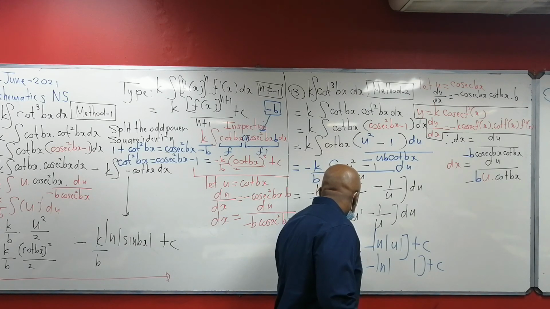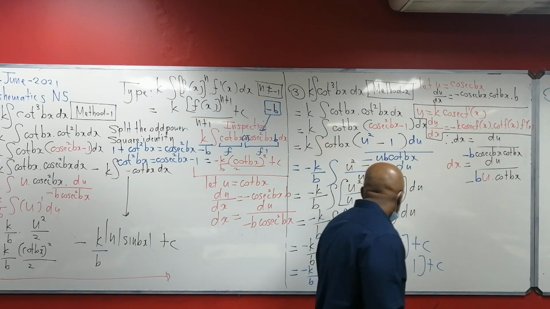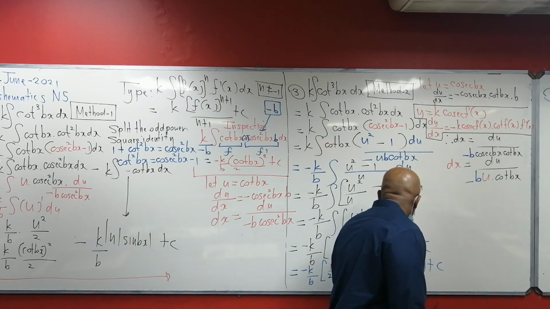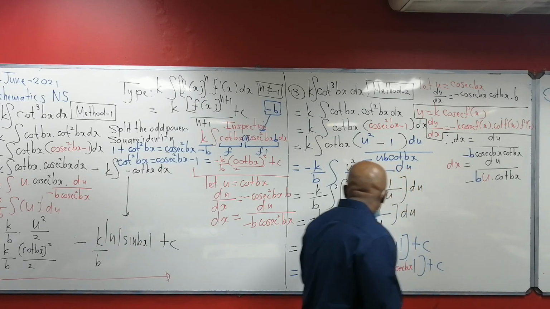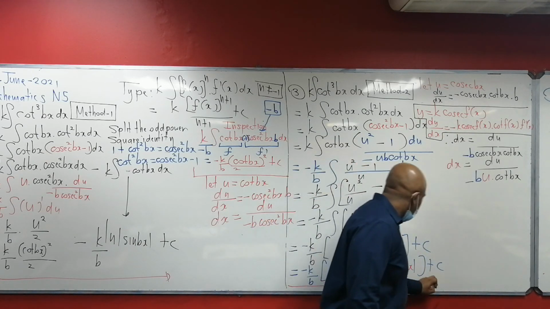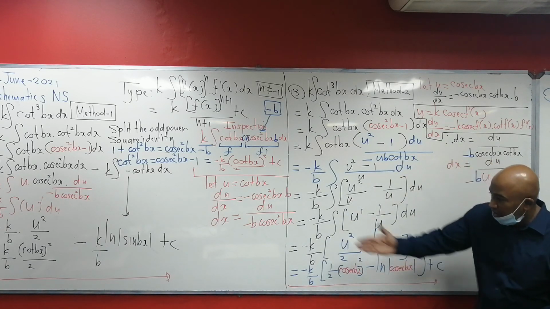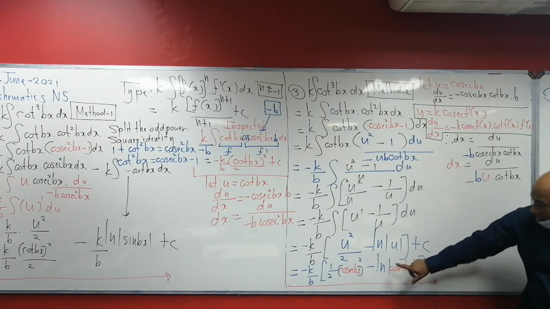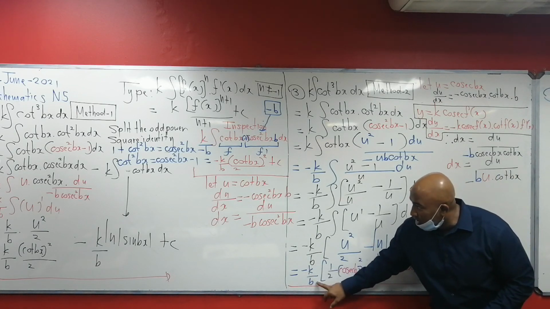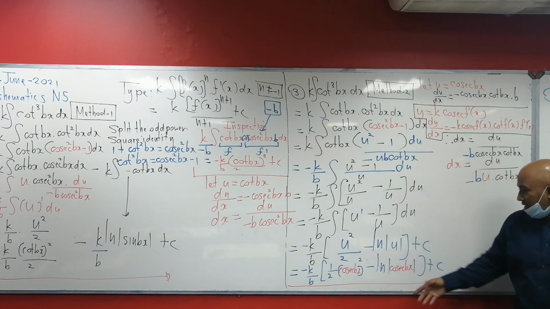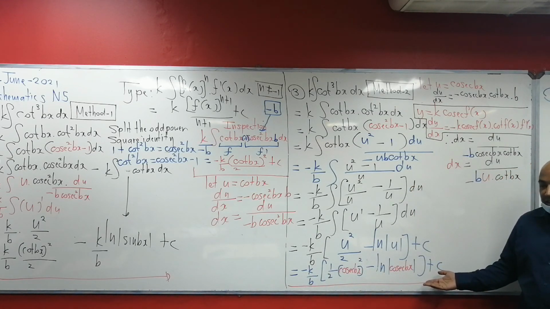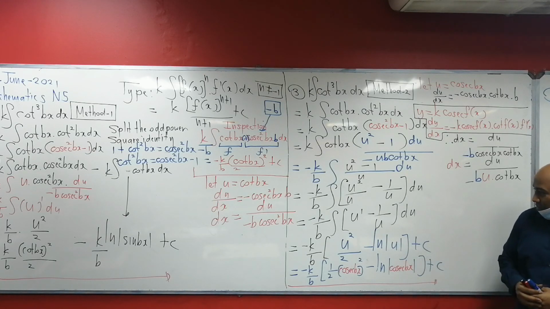So that is cosec squared x, and this is cosec x also. You will notice that what matters at the moment is only this term here. You got the minus k over b times there, you're going to get ln, and you can see that. Okay, that's going to be k over b ln.